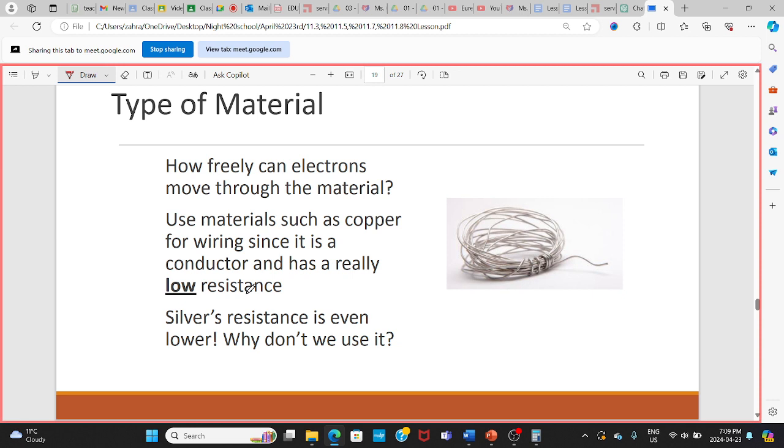It's very good to use them to make a wire, right? So you don't waste energy if you use copper. Gold is very expensive, that's why we don't use it, and silver is very expensive, right? But copper is reasonable for us to use to make wires.